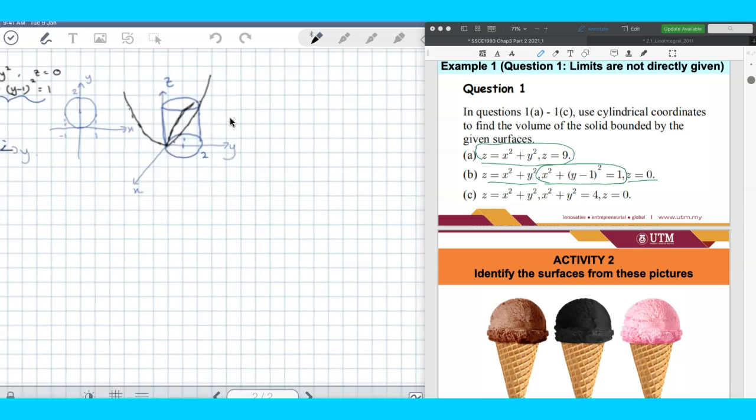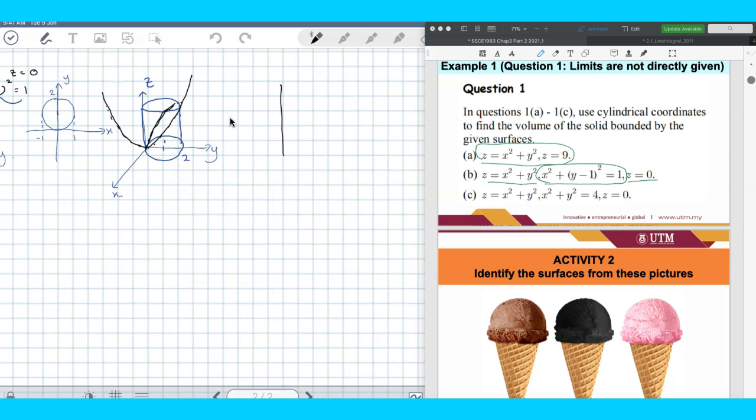Meaning that when you cut the cylinder by the bowl, your sketch becomes this: this is the cylinder, and that is part of the bowl, z equal to x squared plus y squared.